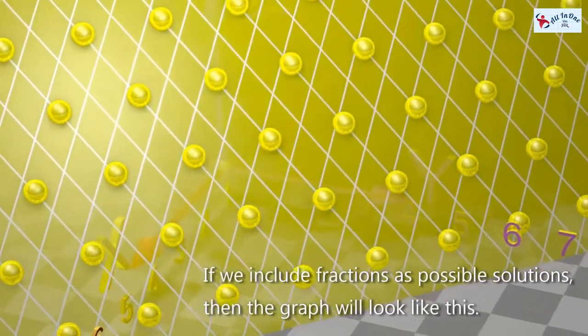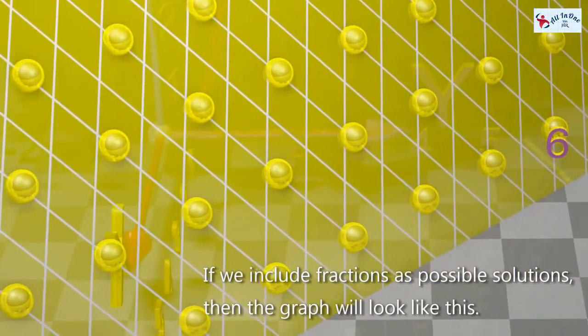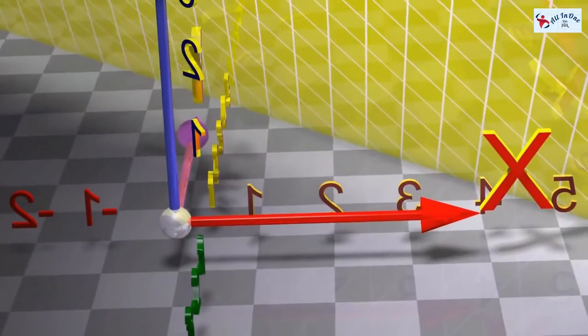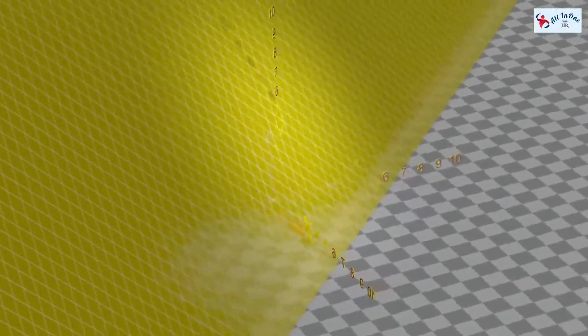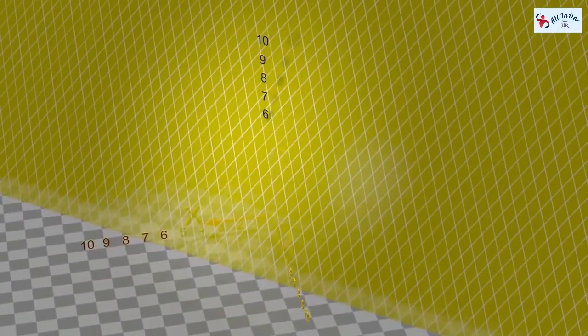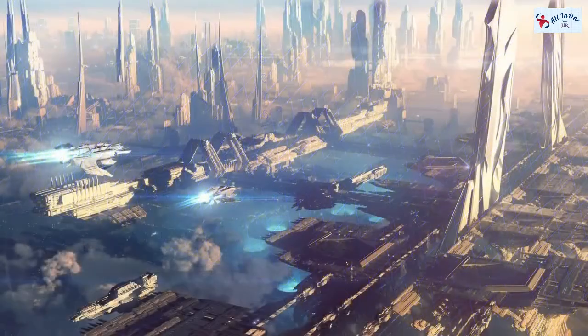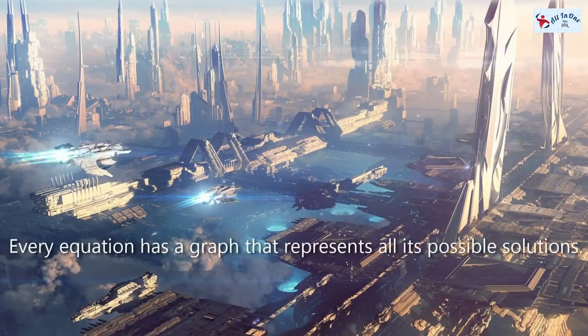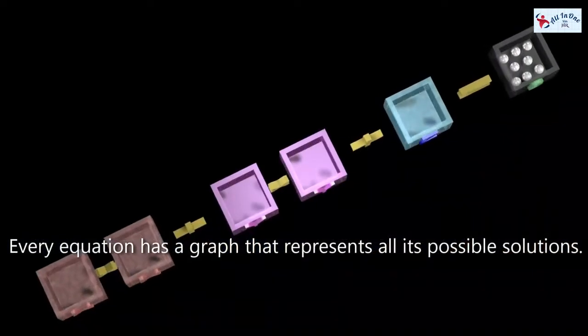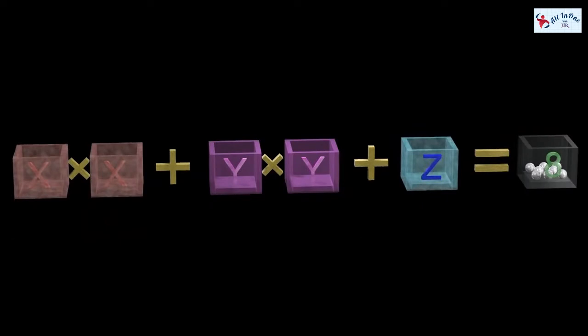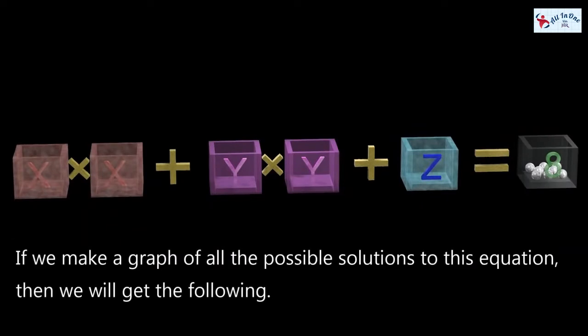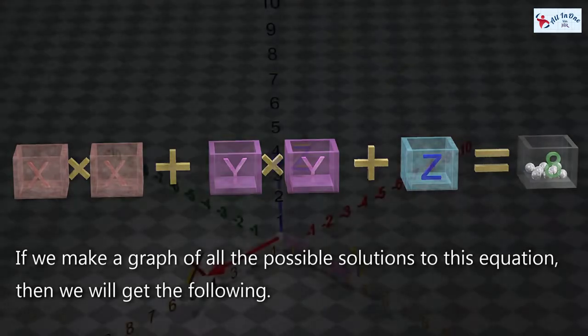If we include fractions as possible solutions, then the graph will look like this. Every equation has a graph that represents all its possible solutions. If we make a graph of all the possible solutions to this equation, then we'll get the following.